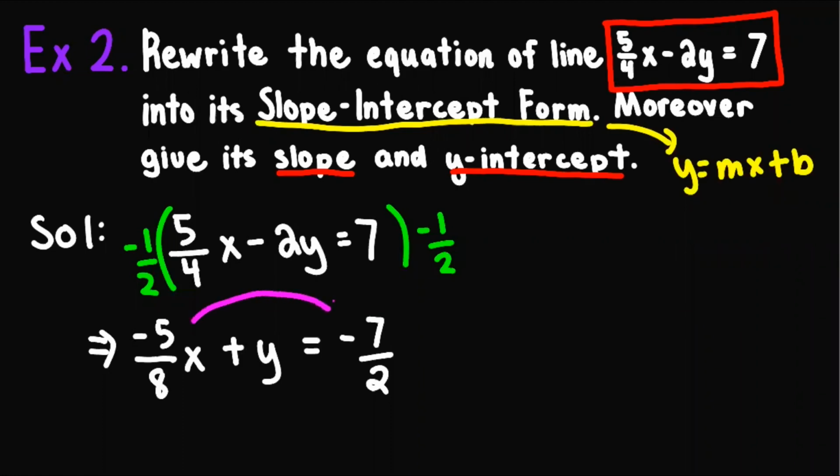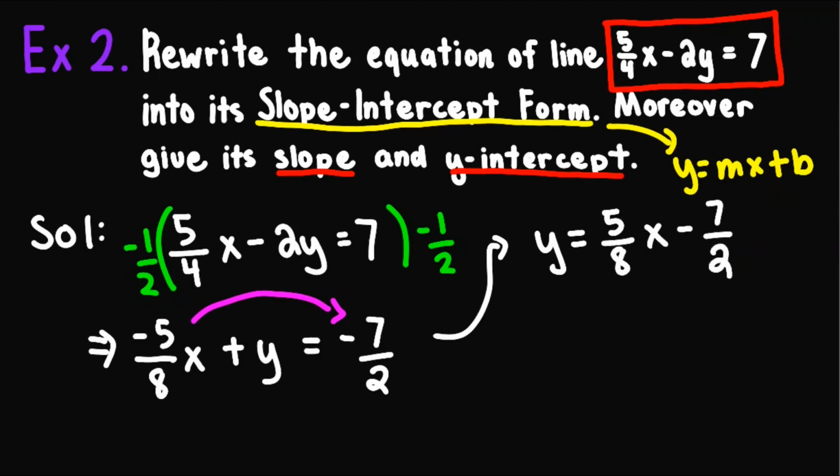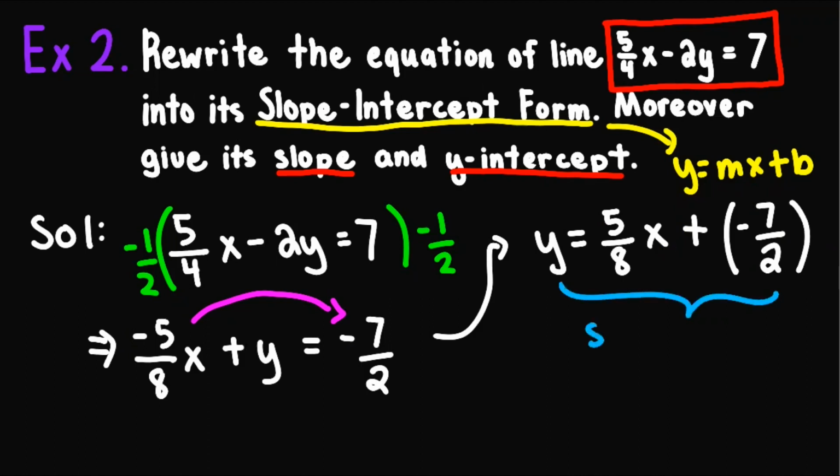So moving -5 over 8x to the right will give us, let's put it out here, y equals 5 over 8x minus 7 over 2. To be clearer, we can write this one as plus -7 over 2. So this one out here is already in slope-intercept form.